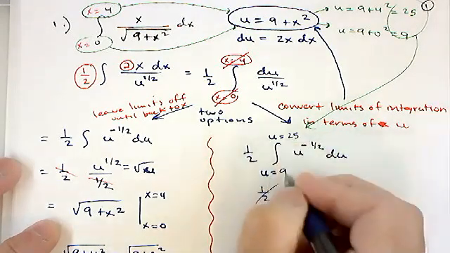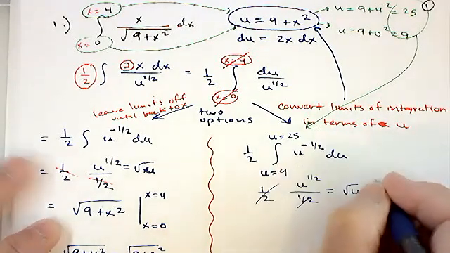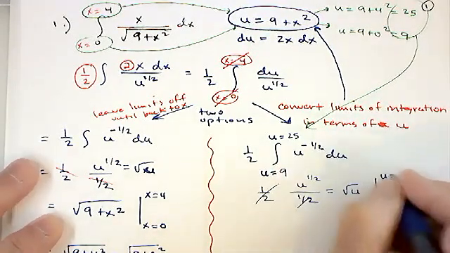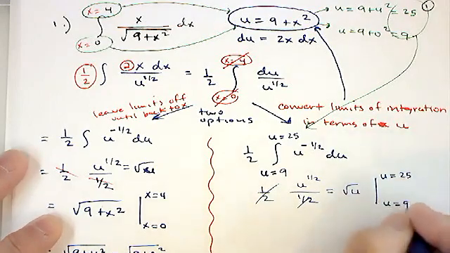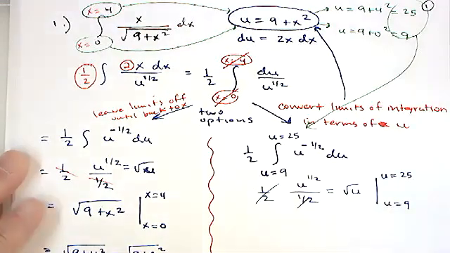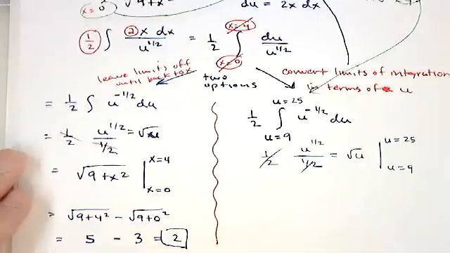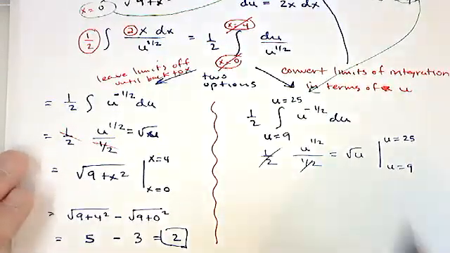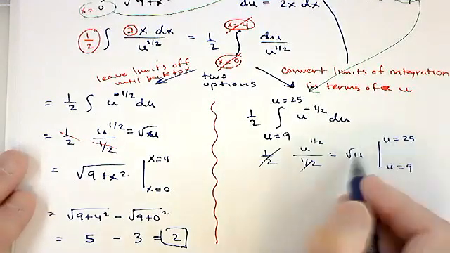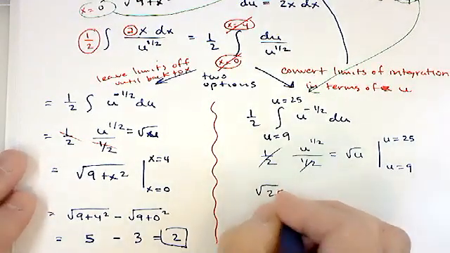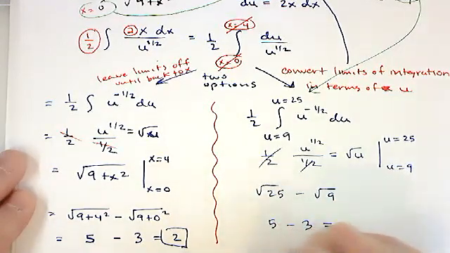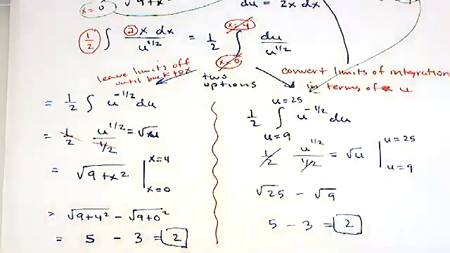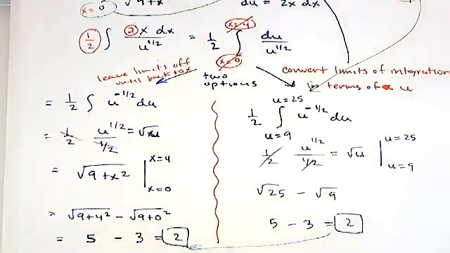If you changed your limits in terms of u and you got this antiderivative, then you can just stick with this. You don't have to change it back to x and just put your u limits in there now. Does that make sense? And look what you get. If you plug in, you end up getting the square root of 25 minus the square root of 9, which is 5 minus 3, which is 2, which is exactly the same, right?